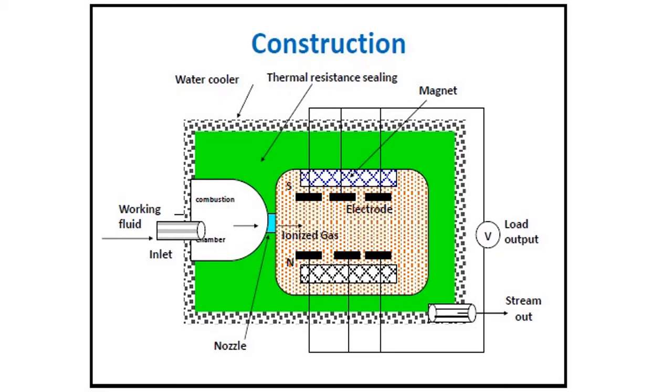And in this ionized gas, the outermost electrons are getting expelled, and these electrons will produce the electric current. And how can we extract the electric current? By using electrodes. By placing electrodes in a suitable position in the stream, we can get the output voltage. This is the construction.